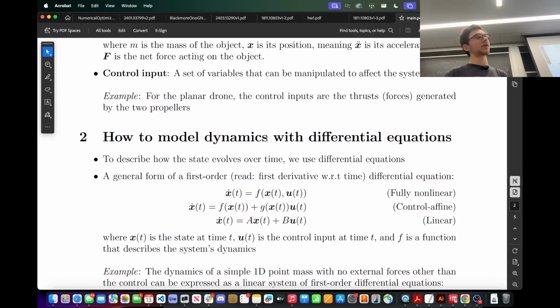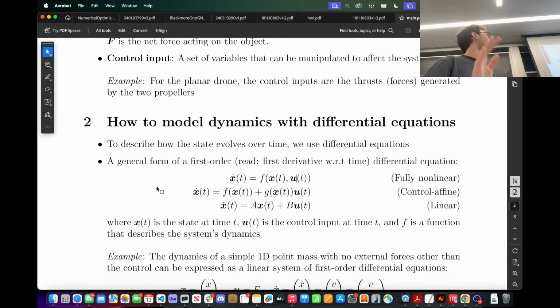The point is you'll almost always see dynamics written in a first order way, x dot equals some function of the state x and the control input u. These are variables you'll generally see in the literature: u, or v, is almost always the control input, and x is almost always the vector state.